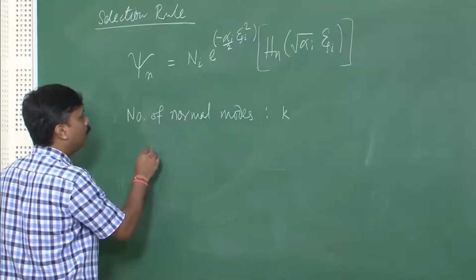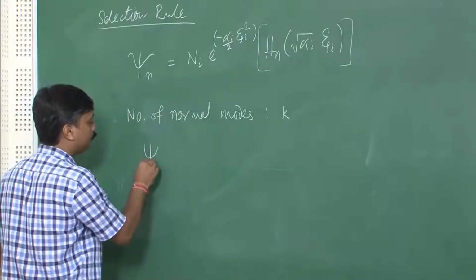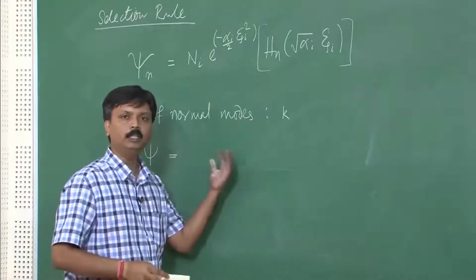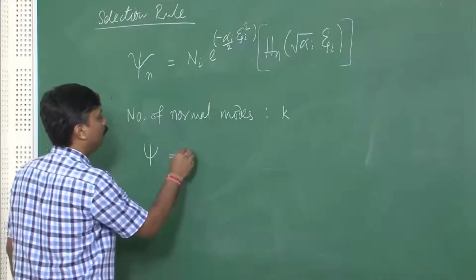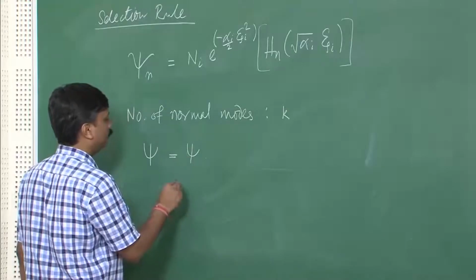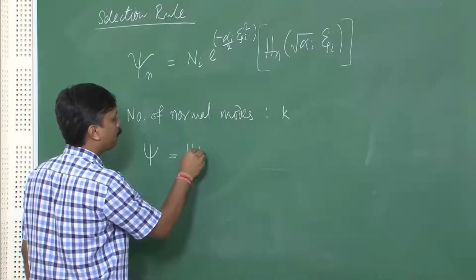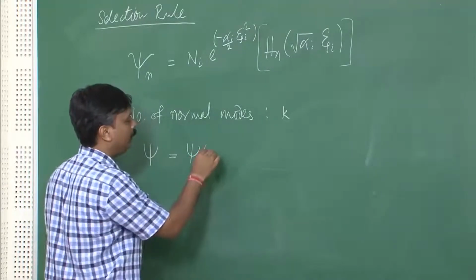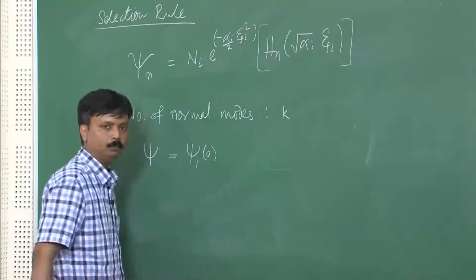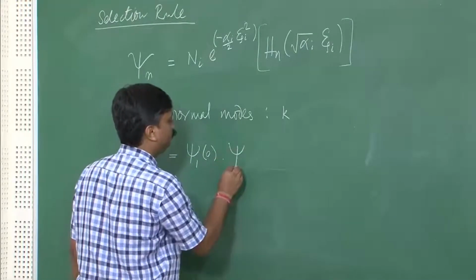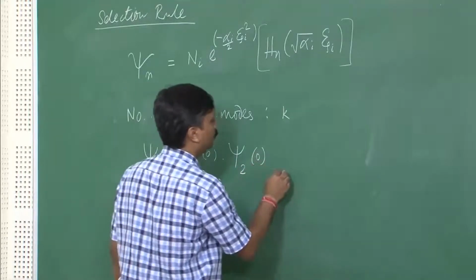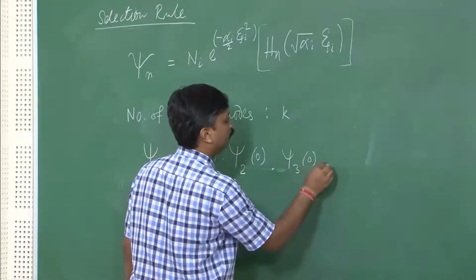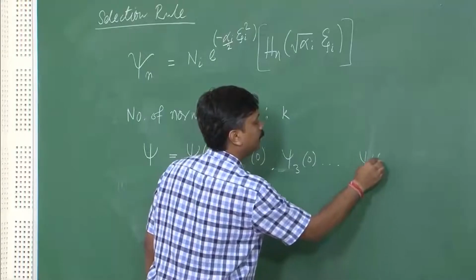I can write down the total wave function by taking a product of each individual wave function. So now suppose I have psi 1 at a particular energy state, and let me call it 0. Then make a product with the next one, psi 2, psi 3, and so on up to psi k.